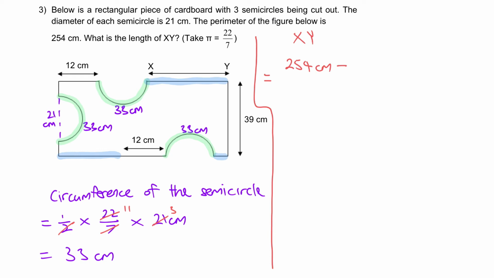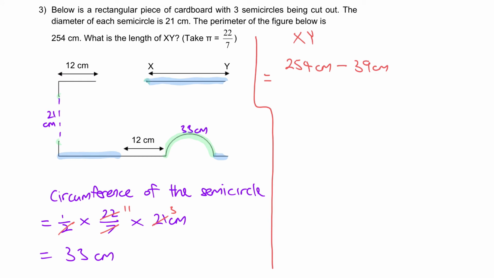Let me change the color. Okay, 254. I'm going to minus away the 39 here, and the 39 over here. Next, I'm going to minus away this 33, 33, and 33 here.